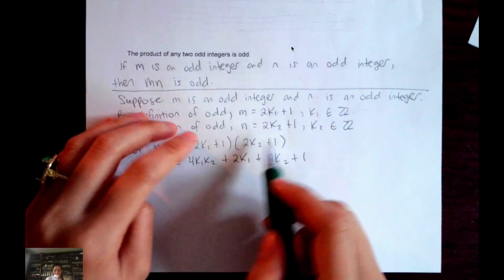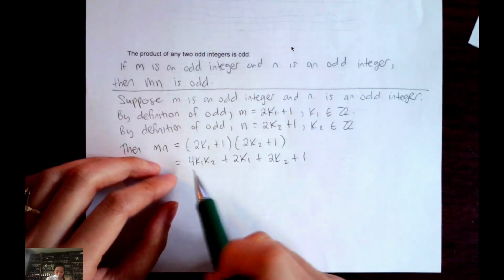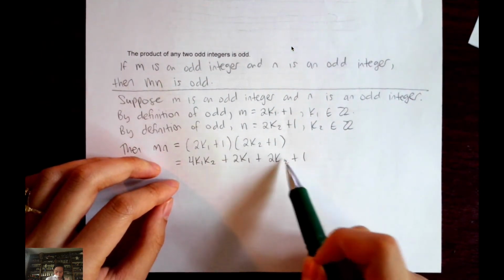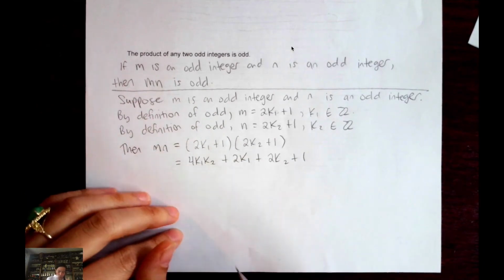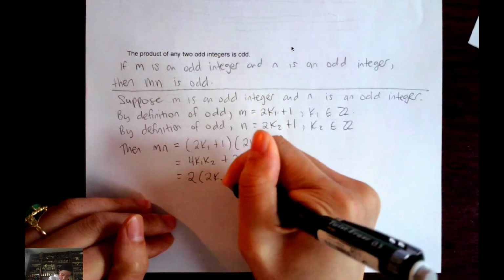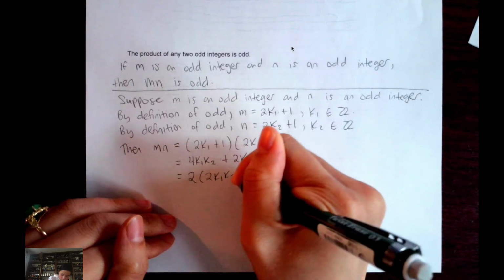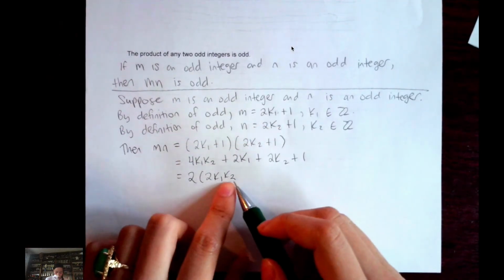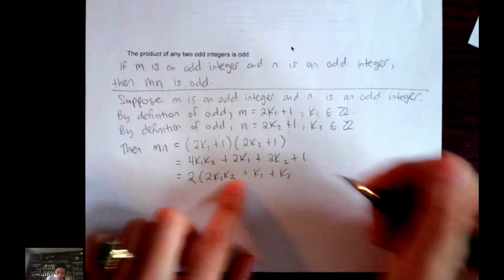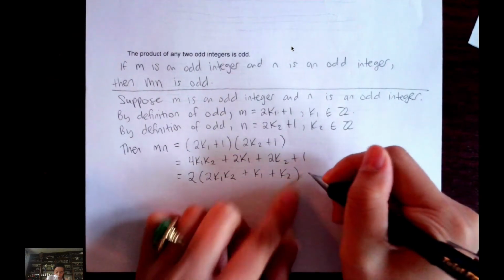So I just distributed this, and I get 4k1k2 plus 2k1 plus 2k2 plus 1. Here I could factor out a 2, and that would be 2 times (2k1k2 plus k1 plus k2), and I stop there, and then I add the 1 at the end.